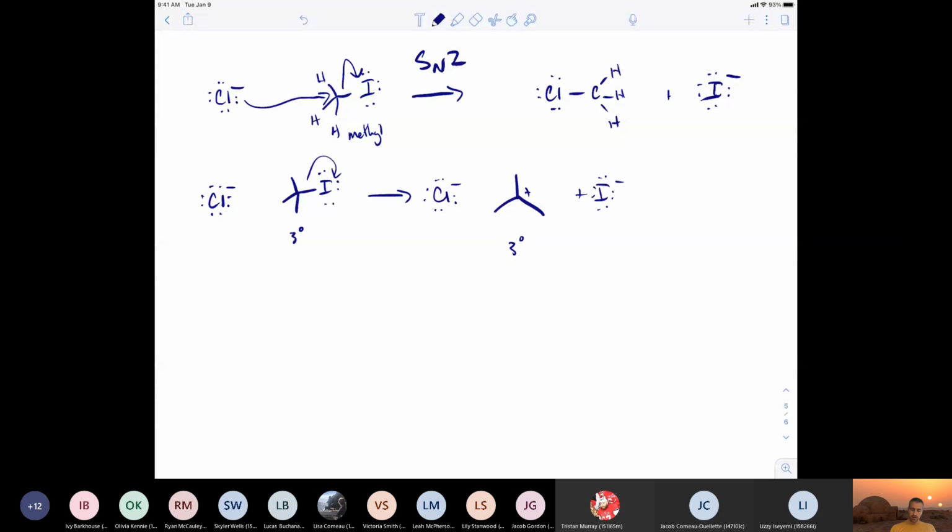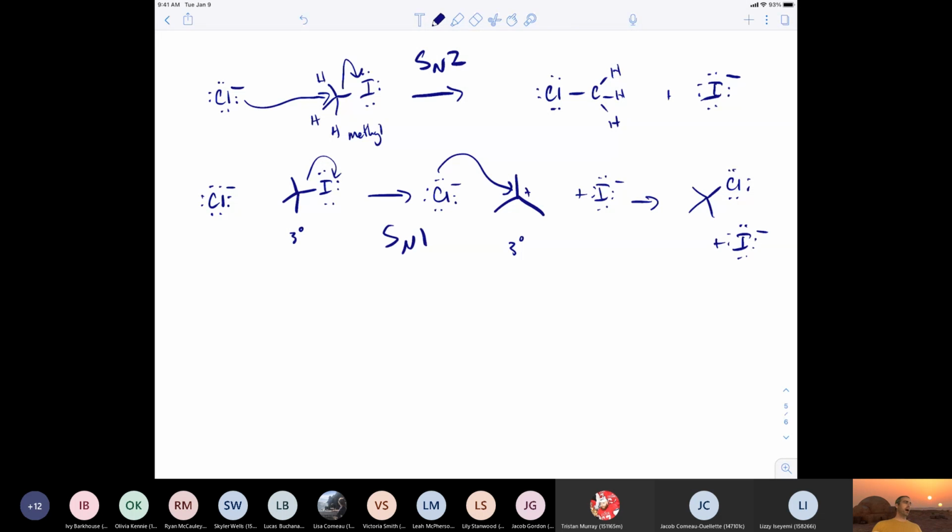And then once that leaves, the nucleophile can come in and give you Cl. So these are the 2 basic mechanisms we looked at.